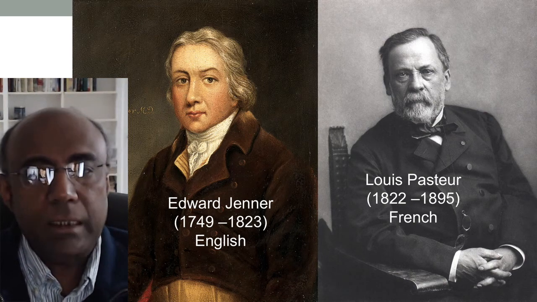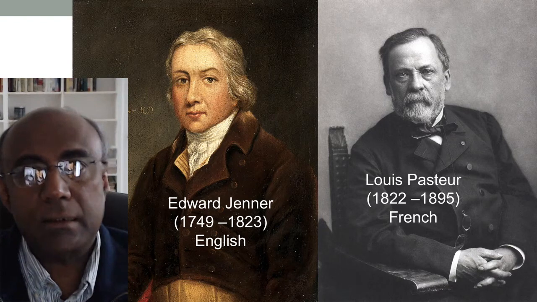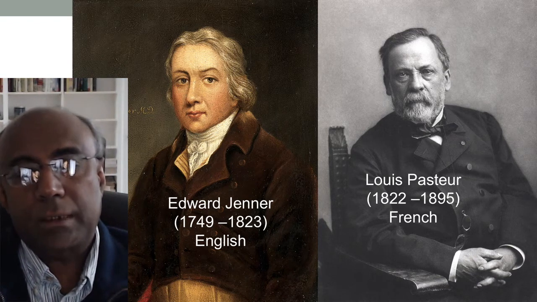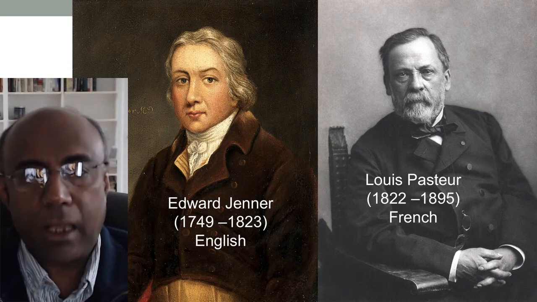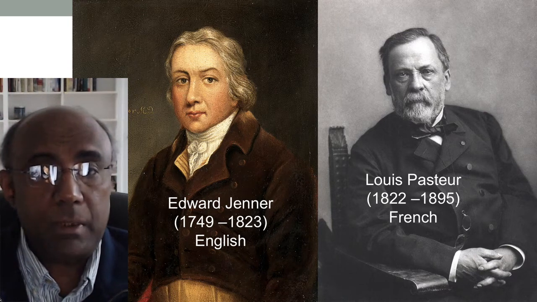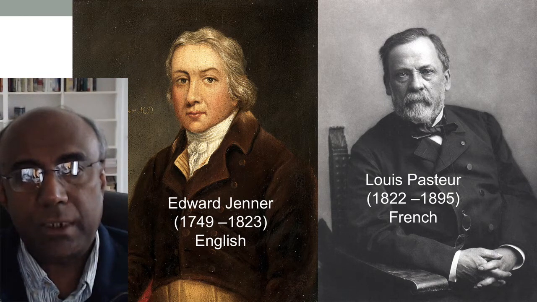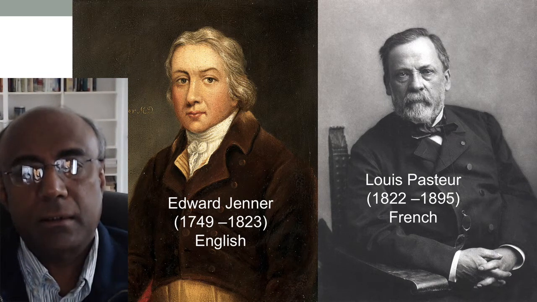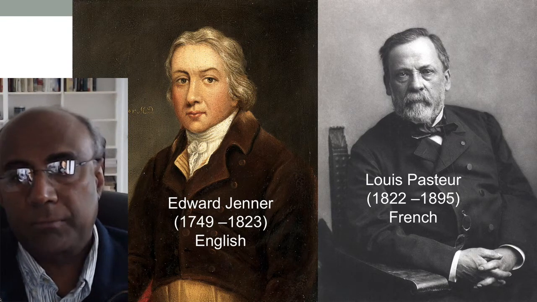Edward Jenner is the person who developed a vaccine for smallpox by observing that those who were infected with a similar but very mild disease called cowpox had immunity from smallpox. So he essentially figured out that if he could get that to everybody, they would be protected against smallpox, which turned out to be correct.